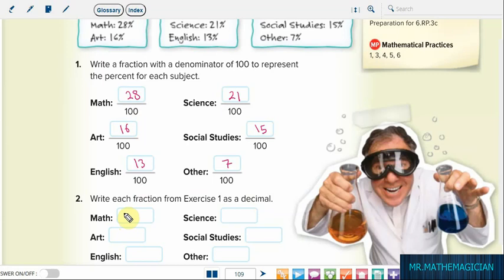So math will be 0.28, science 0.21, art 0.16, social studies 0.15, English 0.13, and other subjects 0.07, as we have only one digit over 100, but the decimal point must be after 2 digits, so 0.07.